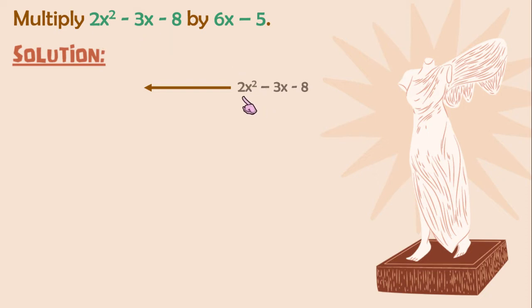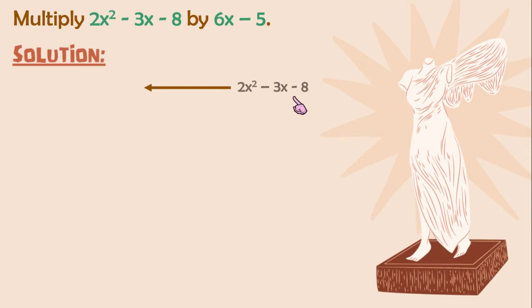In this case, 2x squared minus 3x minus 8 is in standard form. 6x minus 5 is also in standard form as well. So here, in the first factor, there's no missing term as well as in the other factor.